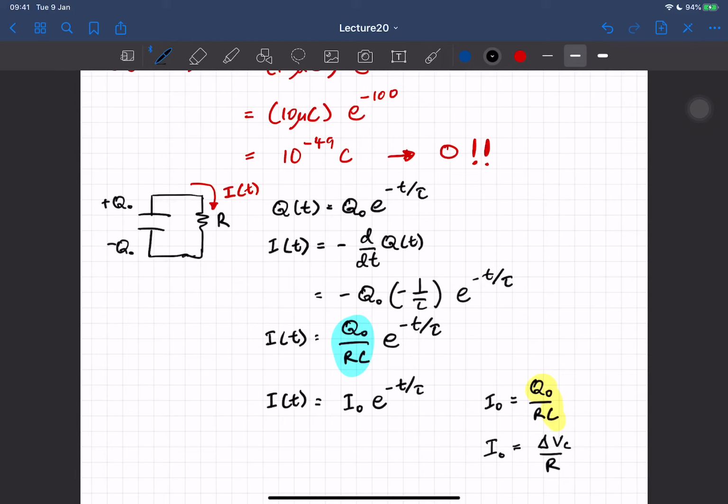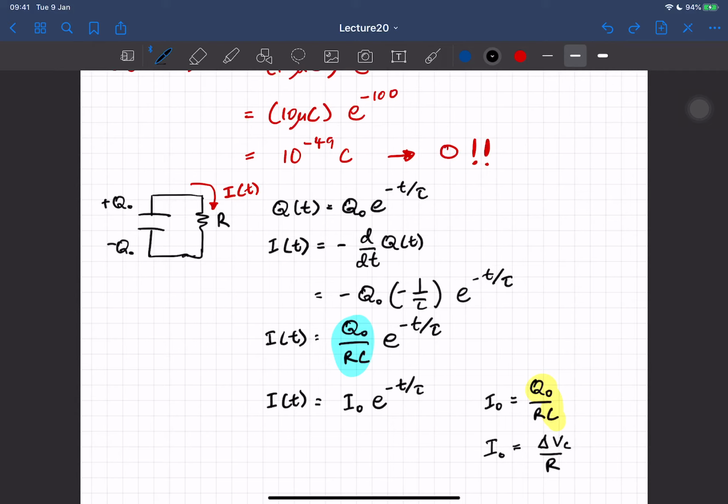Okay, so this is also kind of consistent with Ohm's law because at time equal to 0, no charge has left the capacitor, right? So right at that moment, or at least at that exact moment, the capacitor behaves like a battery with the voltage given by Q0 divided by C. That's the definition of the capacitor, right?